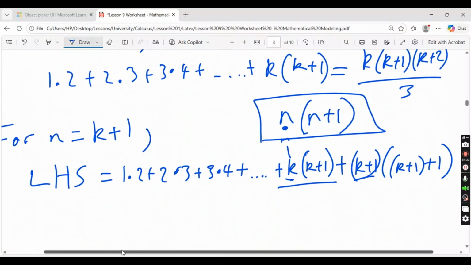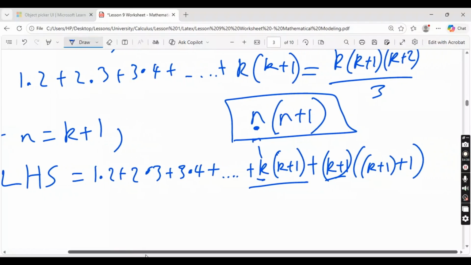So shouldn't it just be k plus 1 times k plus 1 plus 1? Yes, you can do it. It's not that it's wrong, but the question is, will you remember to replace all of this with this?